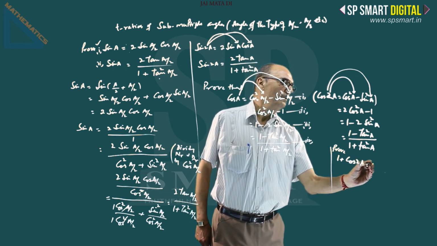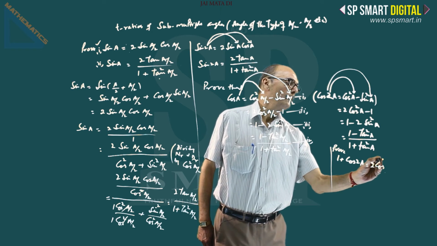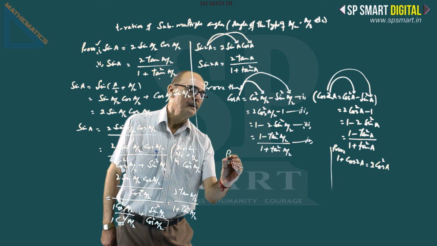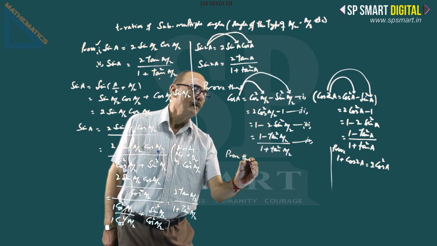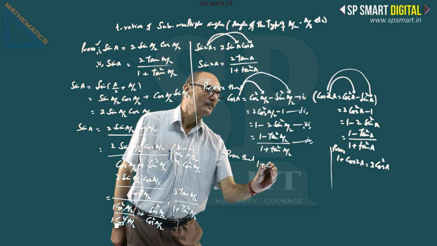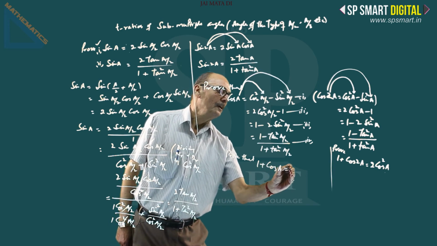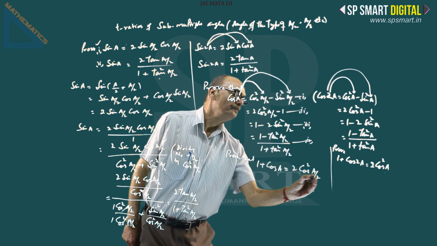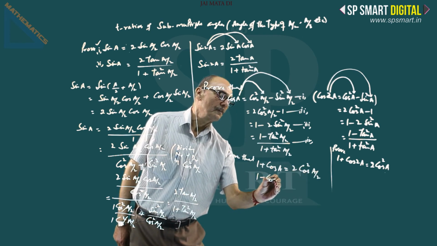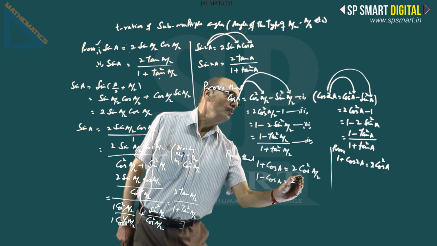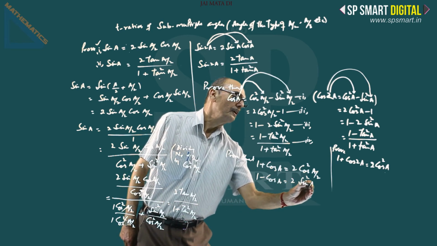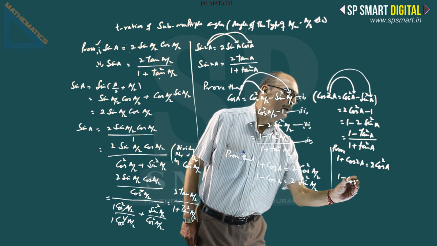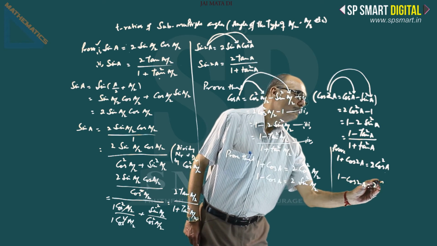We have already proved 2 cos square A. Here we have proved that 1 plus cos of A is 2 cos square A by 2, and 1 minus cos of A is 2 sin square A by 2. The similar result is 1 minus cos of 2A is 2 sin square A.